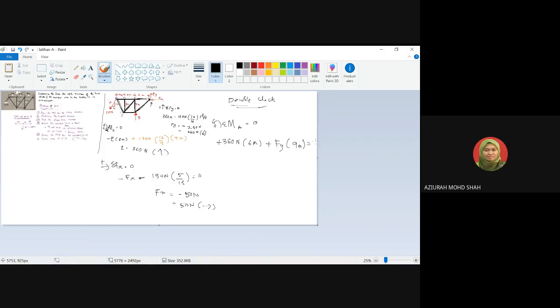So bila you kira sepatutnya akan dapat kosong. Okay, we know that ini sepatutnya negatif ya, sepatutnya ke bawah. Jadi bila you tulis 360 Newton times Newton meter, you tak perlu pening-pening nak bayangkan arrow dia macam mana. Just pakai je FBD kamu yang lama ni. Kita masukkan nilai negatif. So tambah, negative 240, times with 9 meter.